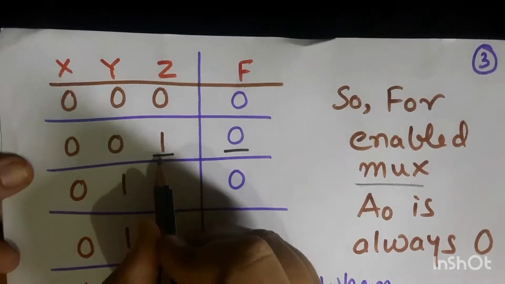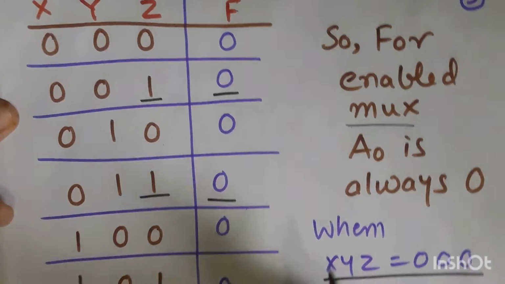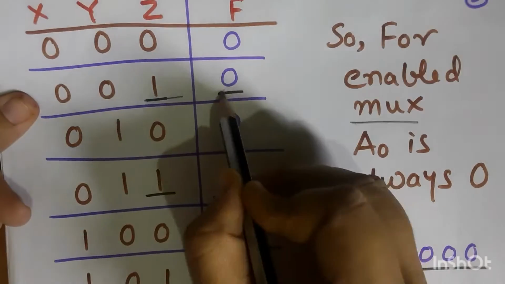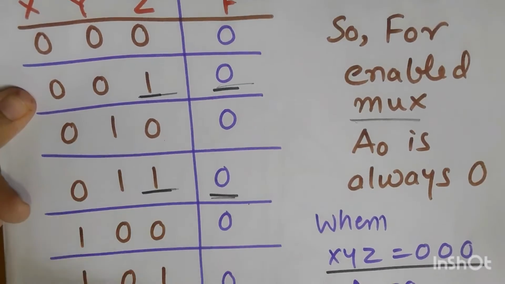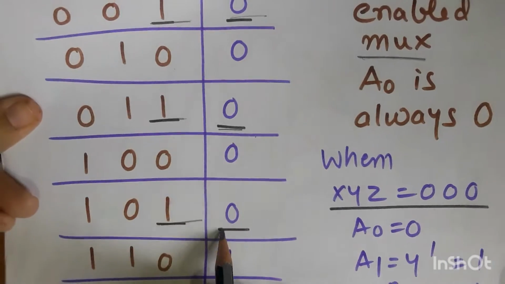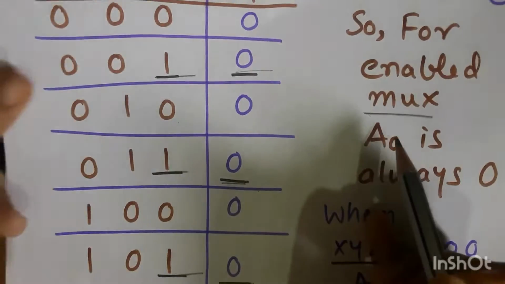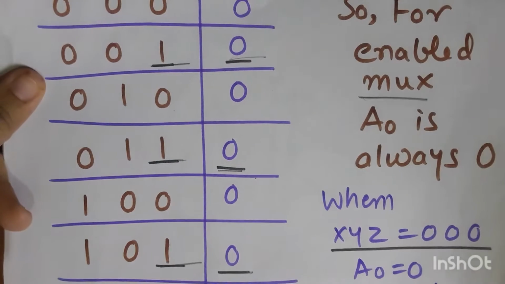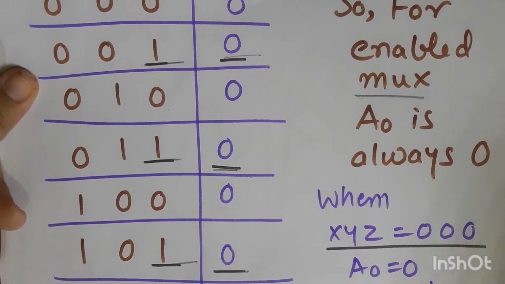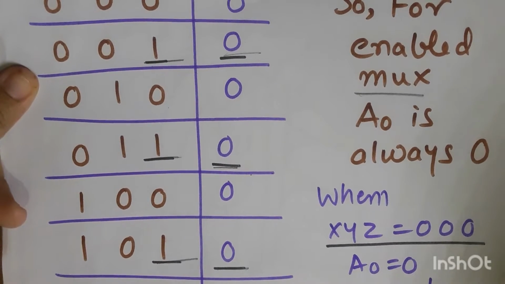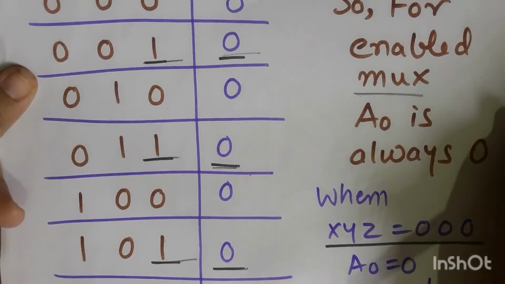So when Z is equal to 1, for all of them the function is 0. Whenever Z is equal to 1, function is 0. When Z is equal to 0, the mux is enabled.